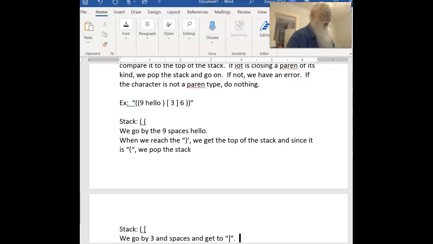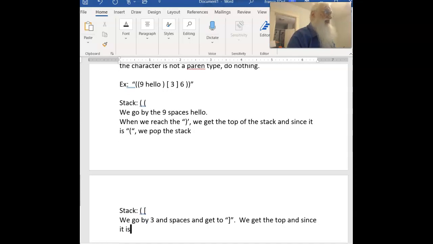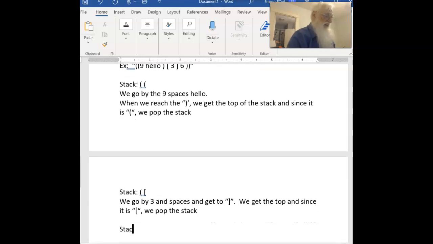Again, we get the top, and since it is the open bracket, we pop the stack. Now our stack just has in it the one item, the first parentheses we put in.